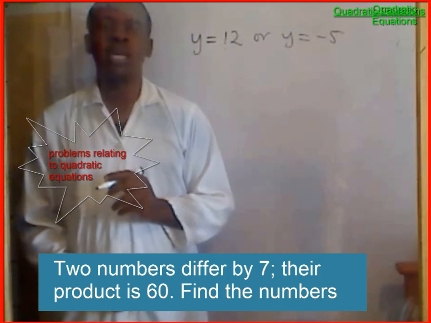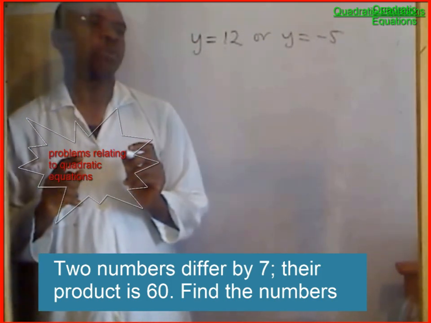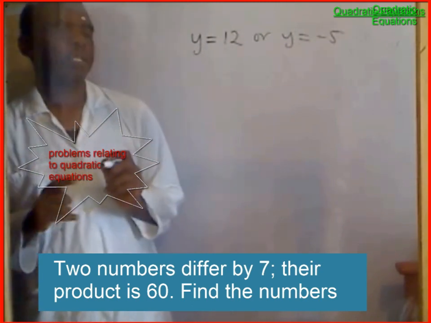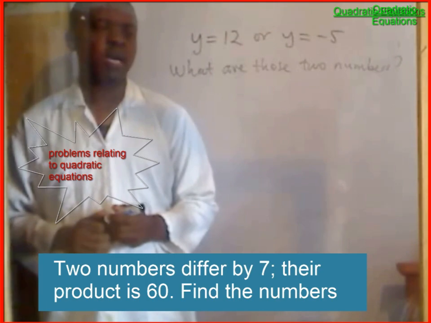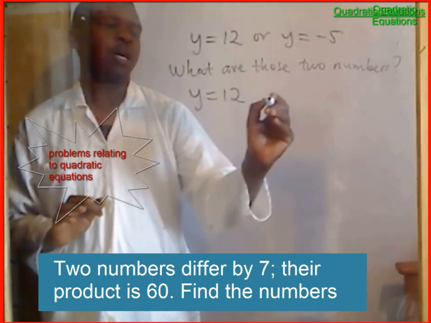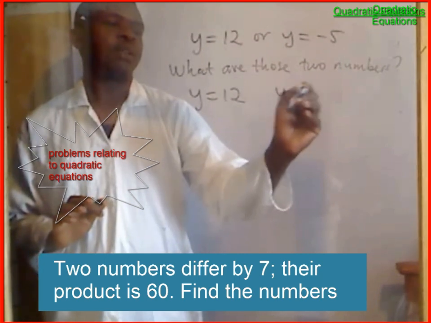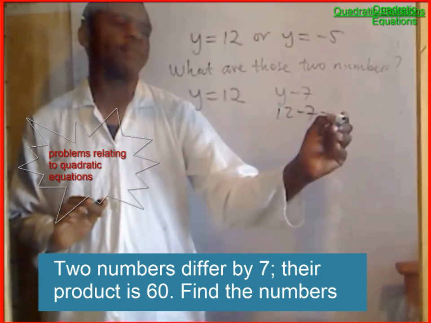Now let's go back to our problem. We're told that two numbers, when multiplied, give us 60. The difference between those two numbers is 7. If I consider y to be 12, the other number, y minus 7, would be 12 minus 7 equals 5.